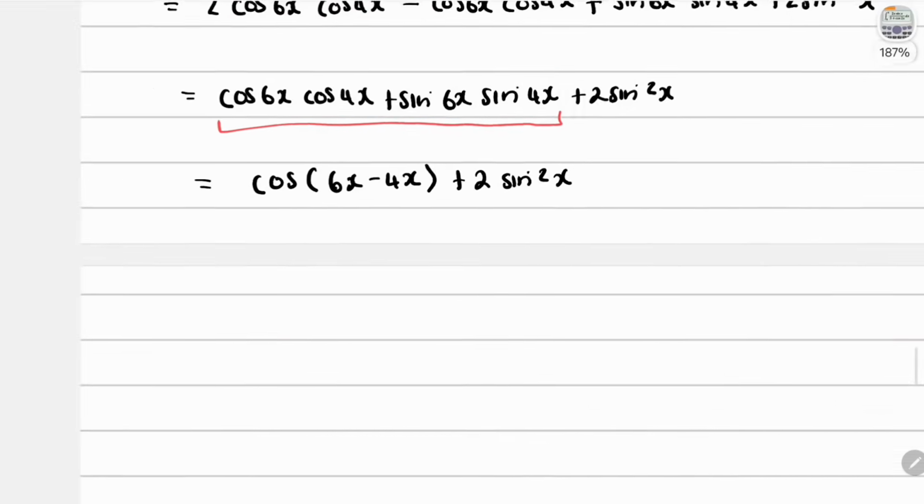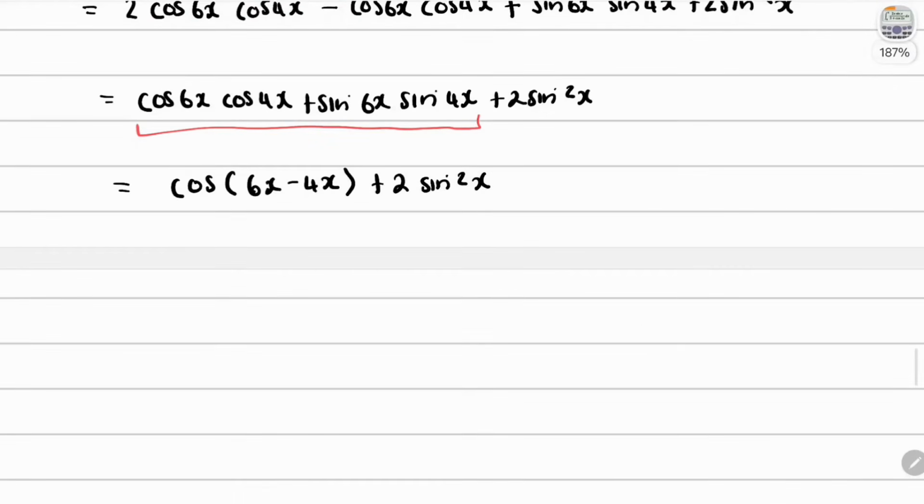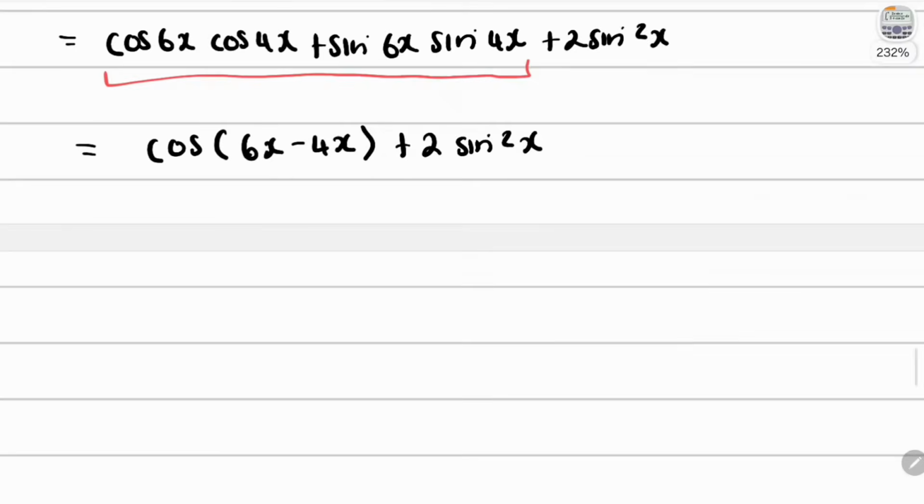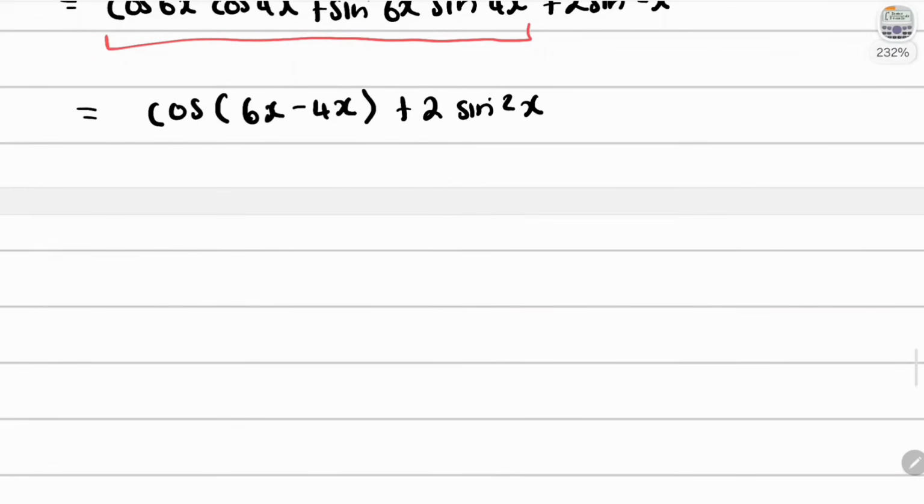And now at this point, we can start thinking about what to do with this. Do you see that this is going to simplify to cos 2x? What should we do to 2 sine squared x so that it has something to do with cos 2x? It needs to be simplified as far as possible.